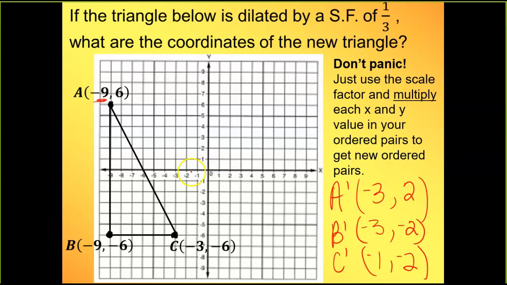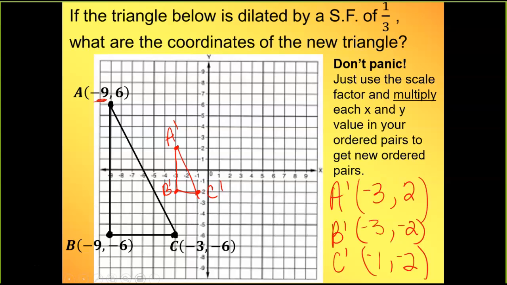All right, let's see. -3, -2, or +2, I mean. There's a prime. -3, -2 is b prime. -1, -2, c prime. It is smaller. It is 1/3 smaller. Or 3 times smaller.